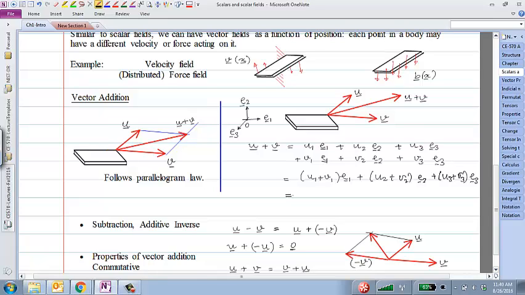Sigma i from 1 to 3, (Ui plus Vi) Ei. So that is a shorthand notation of the same thing that I've written in expanded form.